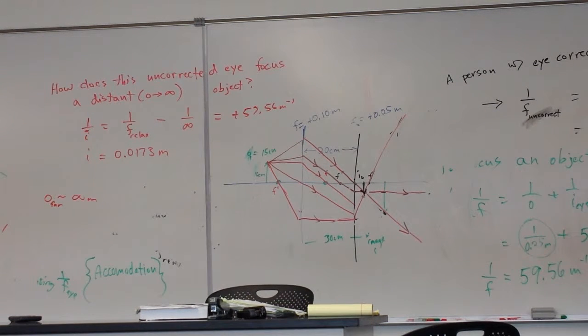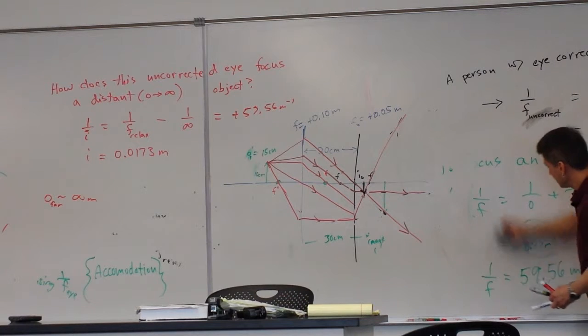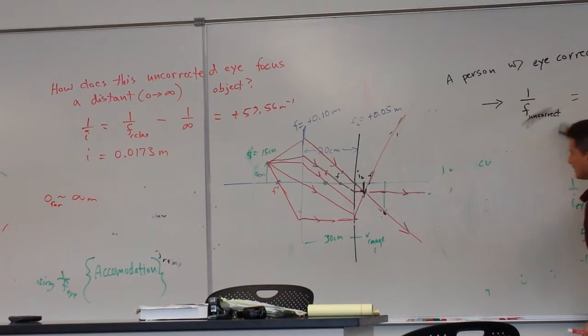So now we can just do the calculation to make sure that it makes sense and that it's consistent. So what should the image be? Should be the inverse of 1/5 minus the inverse of 0.1. Yeah.